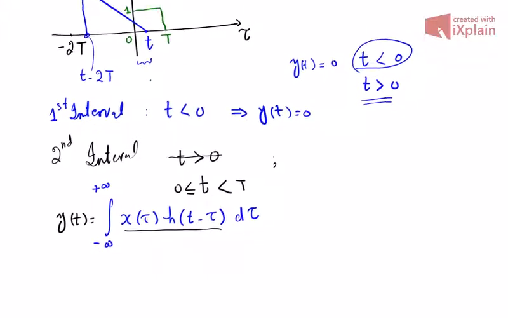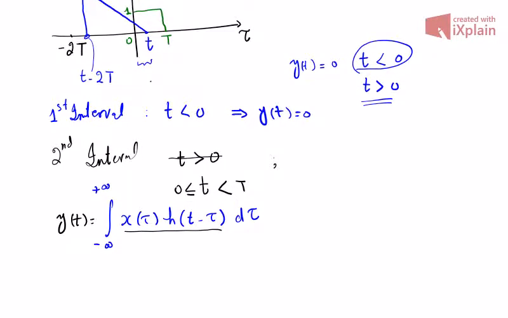So we can write that it is equal to, the limits of the integral would be from 0 to t. The lower limit is not minus infinity, because from minus infinity to 0 the product is 0. From 0 to t the product is non-zero, and it is x of tau, which is actually equal to 1, times h of t minus tau.